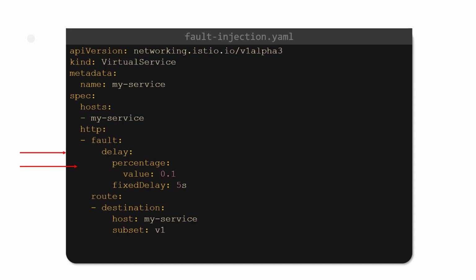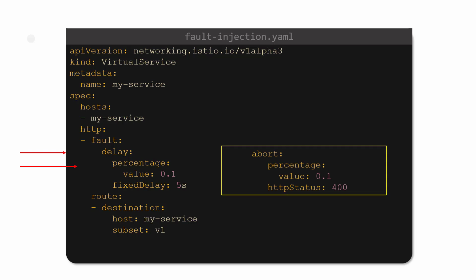Since it's described as percentage, it will add a delay for 10% of requests, and this delay is configured as 5 seconds. Apart from delay, you can also configure abort to simulate errors by rejecting requests and returning specific error codes.